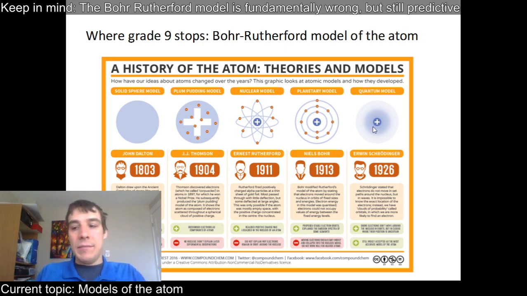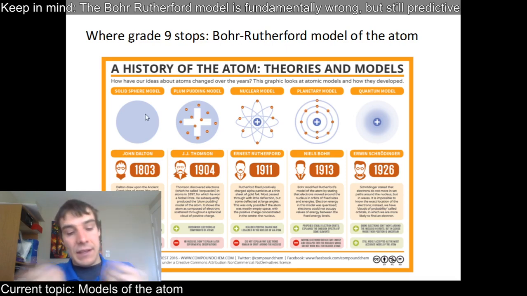The quantum model is more predictive for certain other things like radioactive decay and things like that, and especially molecular shapes. This is much more predictive, but this works really, really well and is a simple enough model for us to work with.